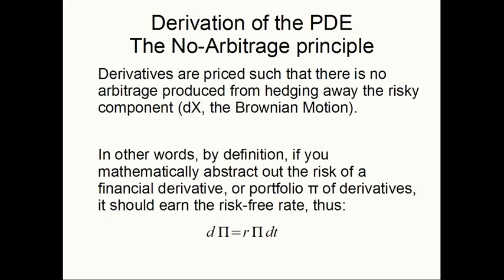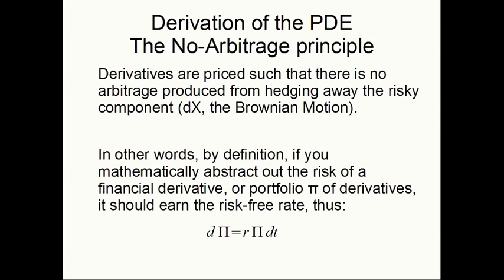From a sell-side perspective, when you set the price of a derivative you are selling, you don't want to give away free money. In other words, you don't want to give away arbitrage opportunities. Therefore, you will price the derivative in such a way that when you hedge away the random component, or risk, you get a return no greater than the risk-free rate.